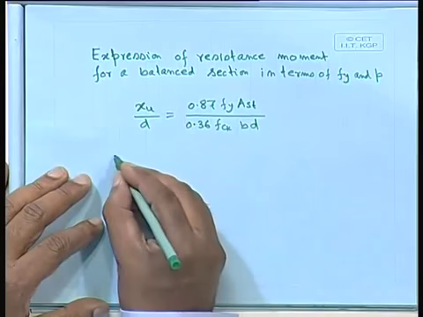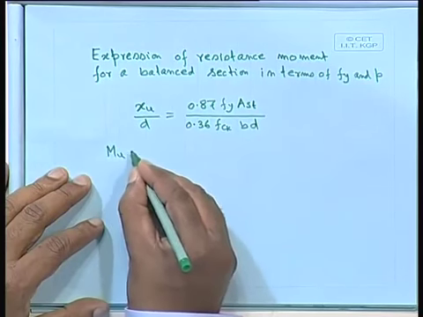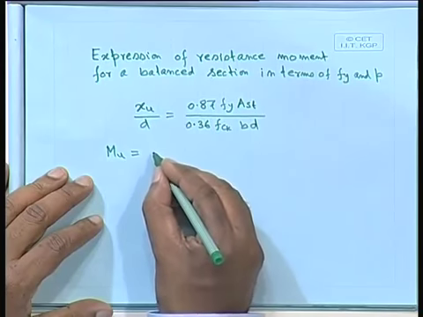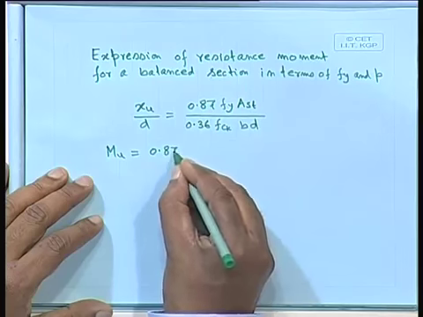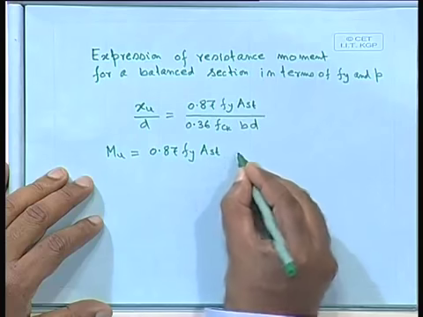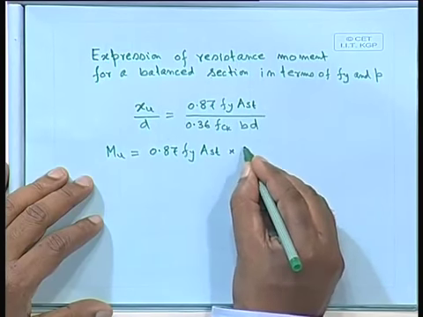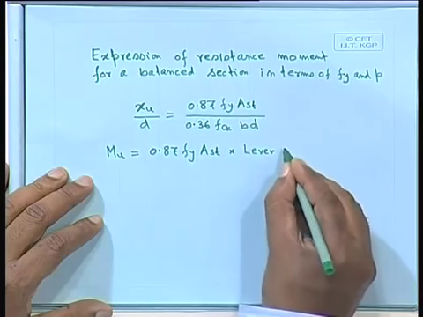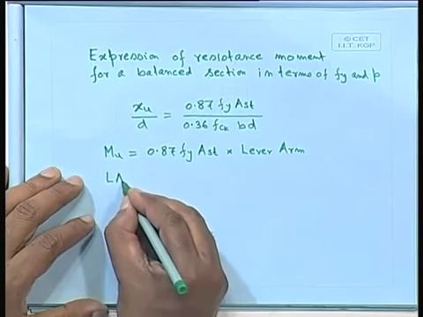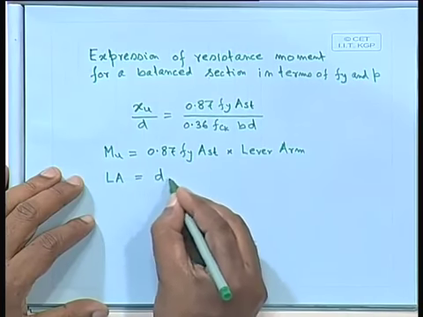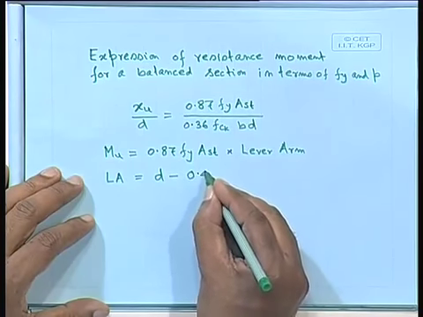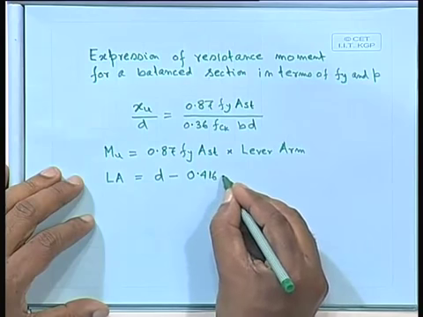Mu, that limiting moment, that resisting moment, moment of resistance, is 0.87 fy Ast, this is the tensile force, multiplied by the lever arm. So lever arm here equal to d minus 0.42 or 0.416 xu, the exact value also we can write down.